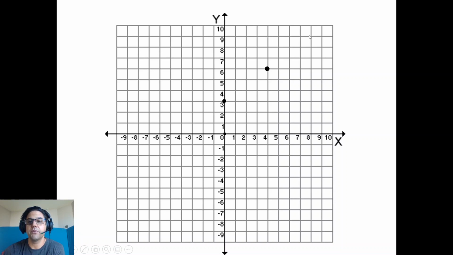Now, one of the biggest issues I have with some students in their graphing is they know it's supposed to be a positive slope, but their line's going downhill. That usually doesn't happen. Usually it's the other way. They know it's a negative slope, but they make their line going uphill when it's really supposed to be going downhill.